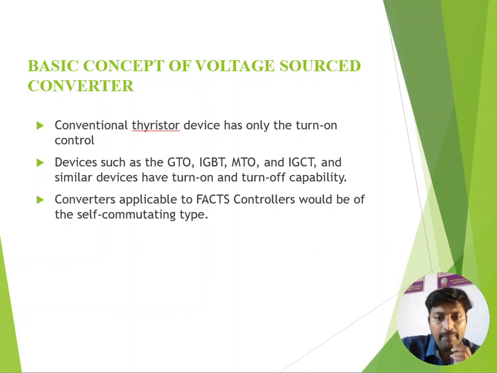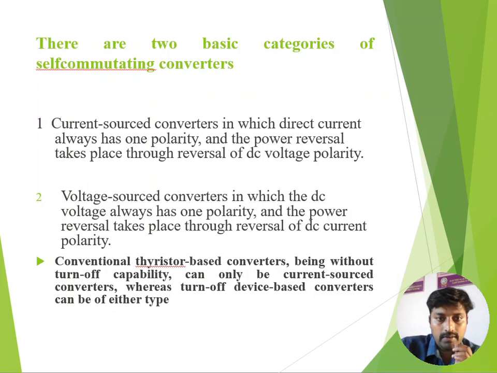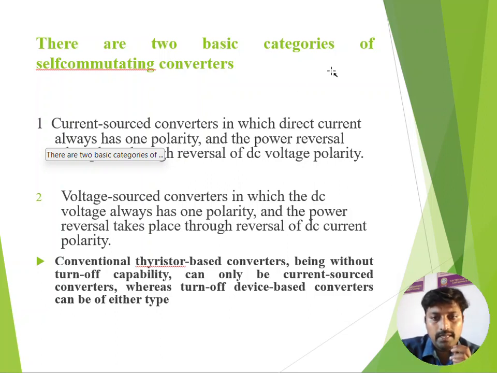So converters applicable to the FACTS controllers would always be self-commutating. Always self-commutating is required. Actually, there are two basic categories of self-commutating converters here: the current source converter and the voltage source converter. In current source converters, the direct current is always of one polarity, and power reversal takes place with the reversal of DC voltage.